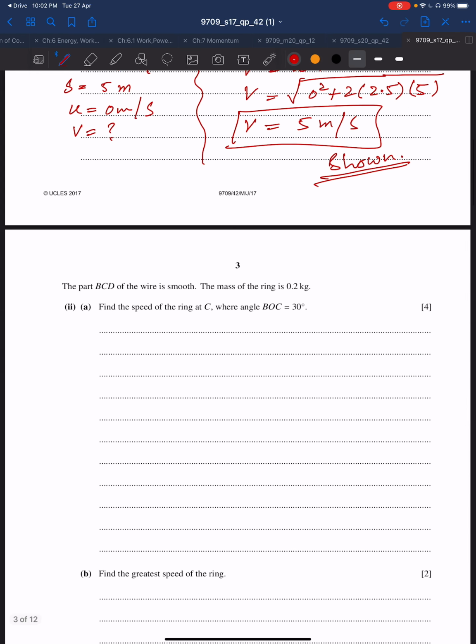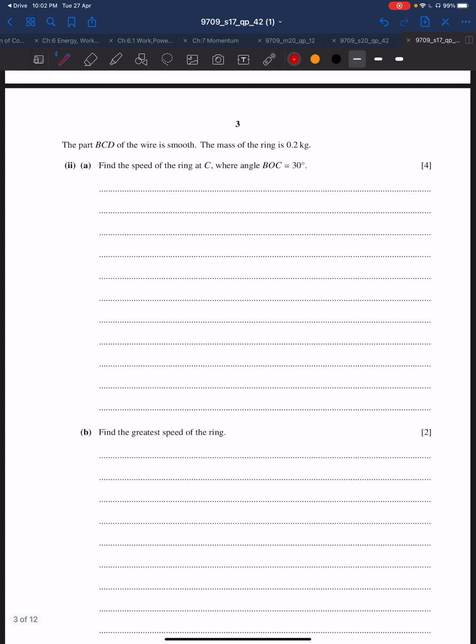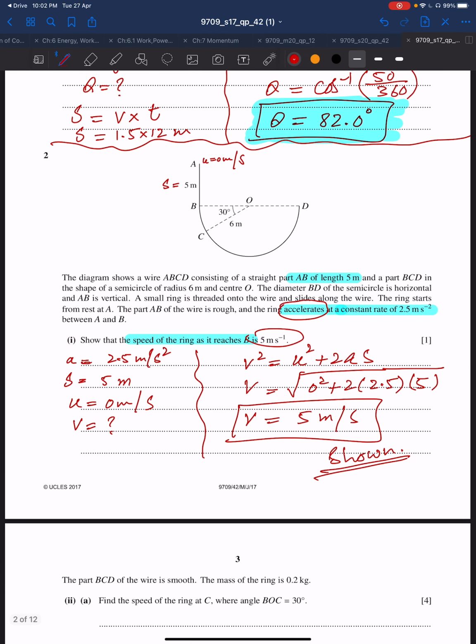In the next part, they are saying we might need the diagram, so I'll copy the diagram and paste it below. Okay, let me copy it down.